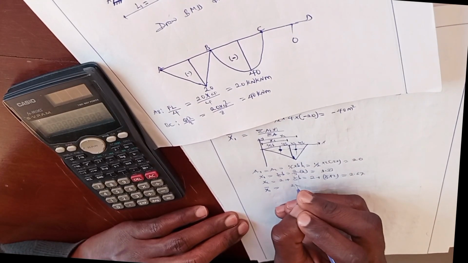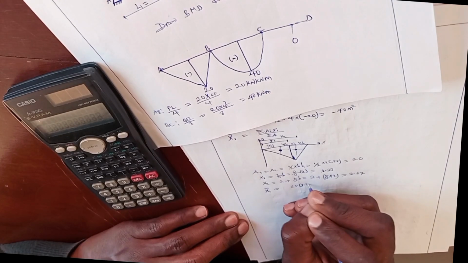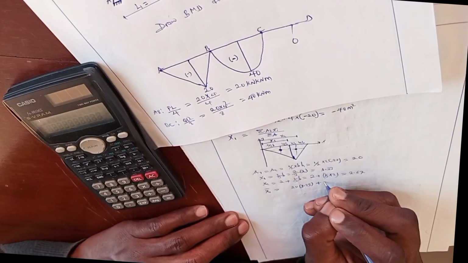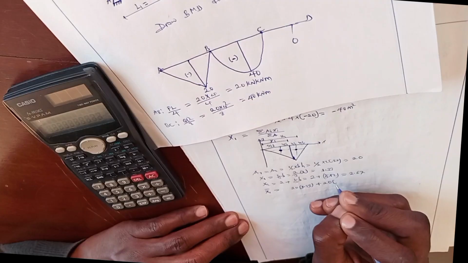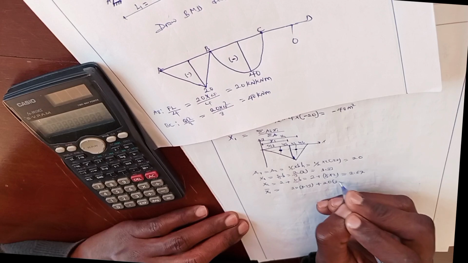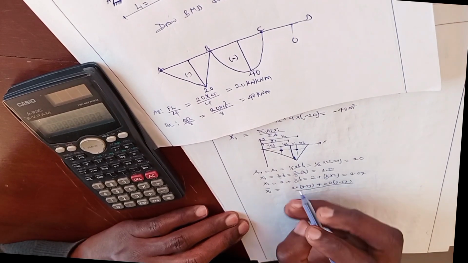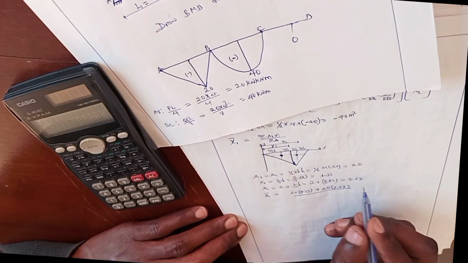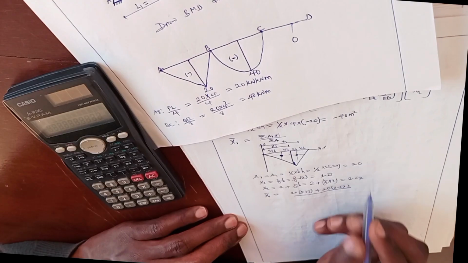Now to obtain centroid 1, it will be equal to area 1, which is 20, times 1.33, plus area 2, which is 20, times its distance, 2.67, over the total area. The total area is 20 plus 20, which is equal to 40.